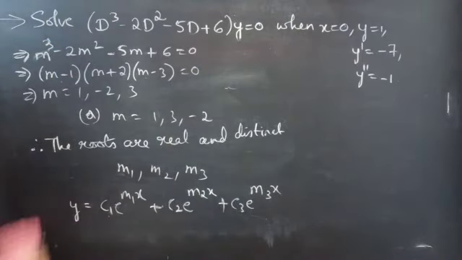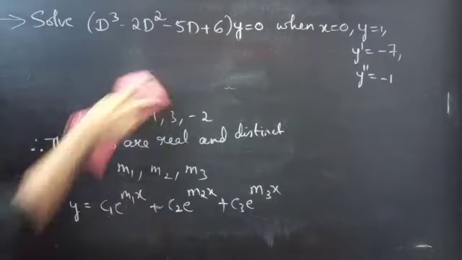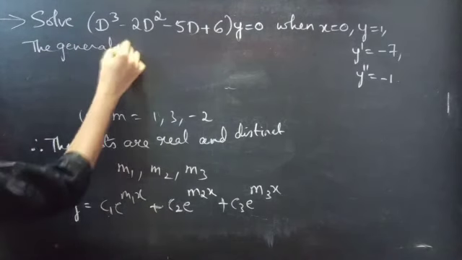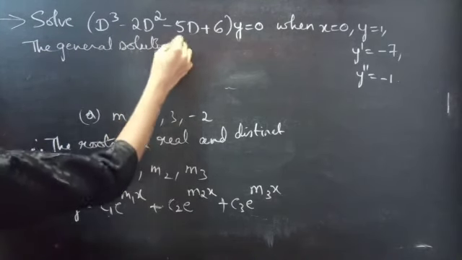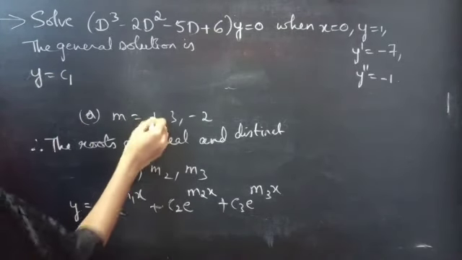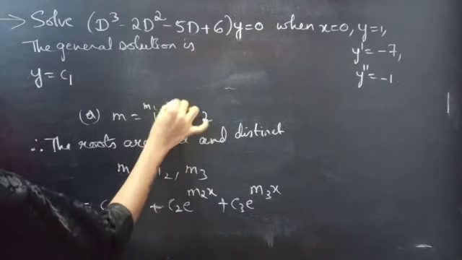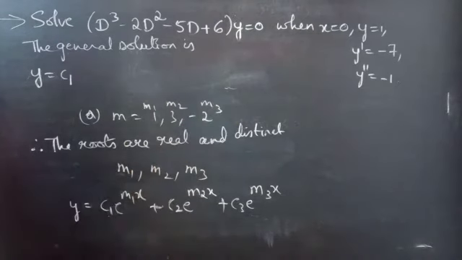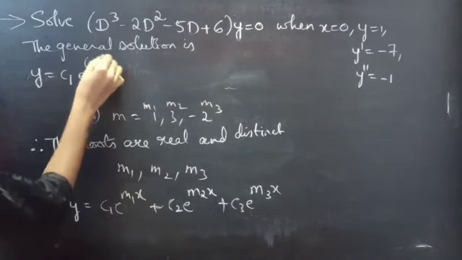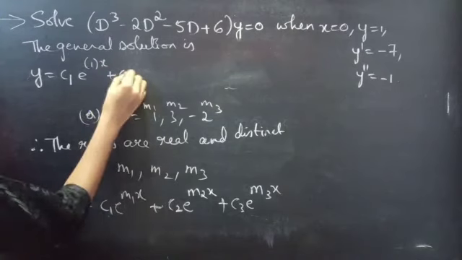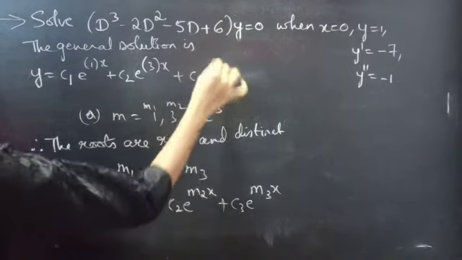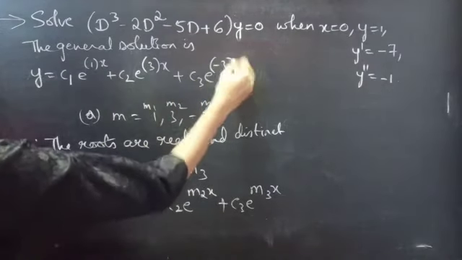Okay, so the general solution is y equals to c1 e power m1 into x, that is 1 into x, plus c2 e power m2 into x, for m2 equals to 3 into x, plus c3 e power minus 3 into x.